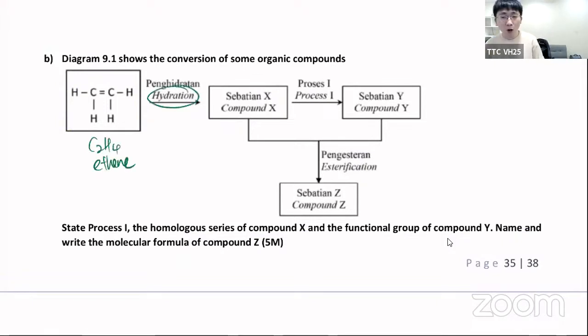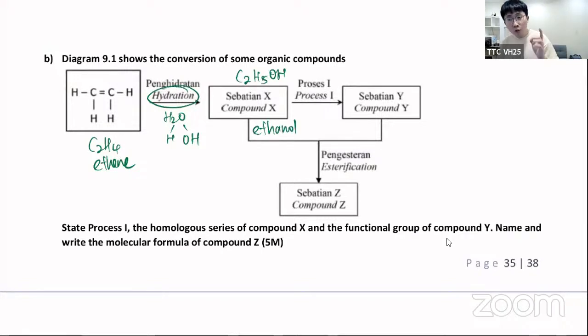What we do is called hydration. Guys, what's hydration? Hydration means you add water, which is H and OH. So if you add it in, it's supposed to become alcohol. So X is supposed to be C2H5OH, which is known as ethanol.